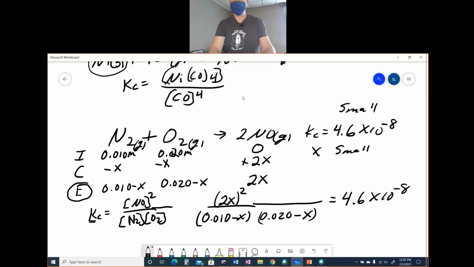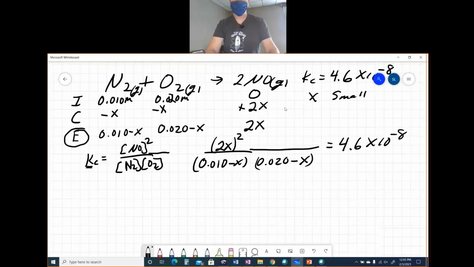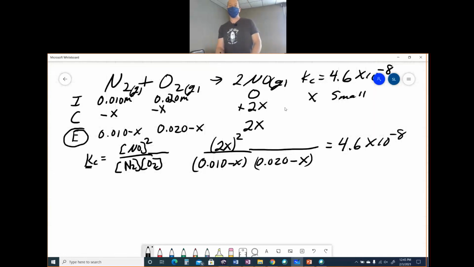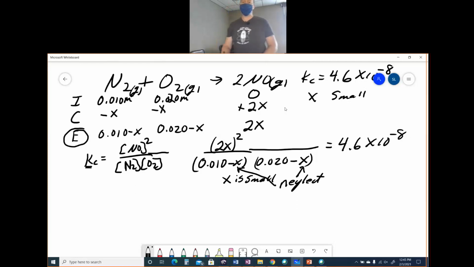So when we're doing successive approximations, we are going to neglect x. Since we know that x is small, we neglect anytime we have a plus or a minus x. So here we're going to neglect both of these x values. So this is called successive approximations.